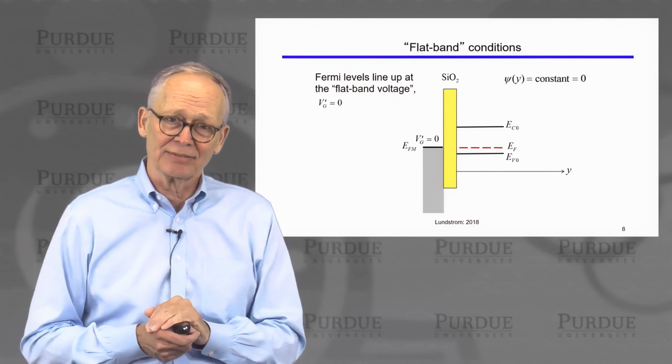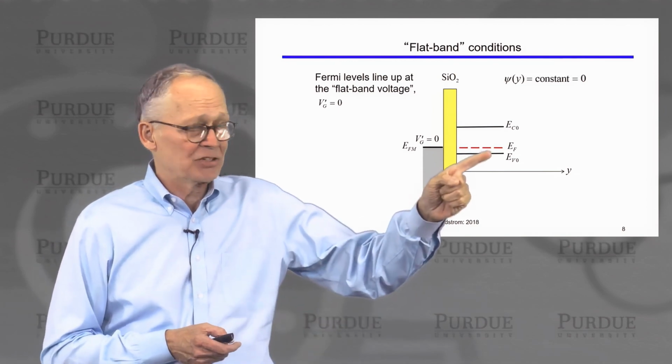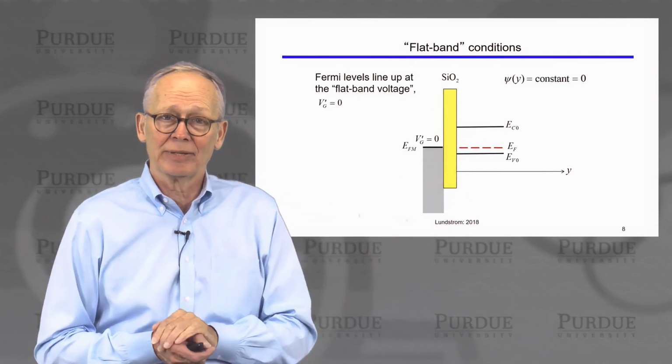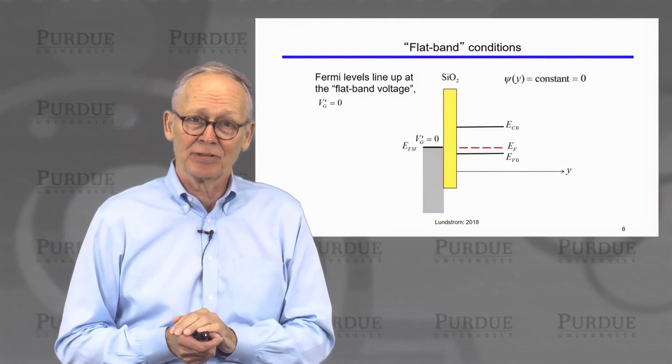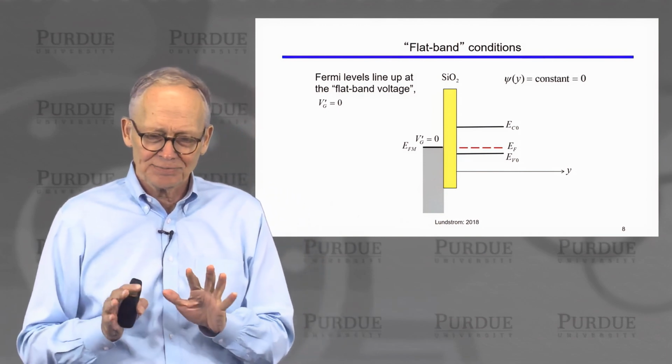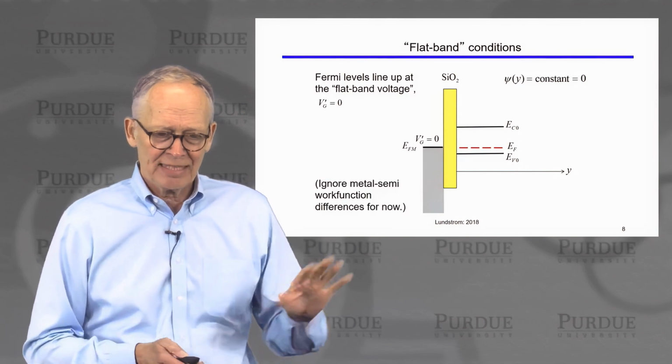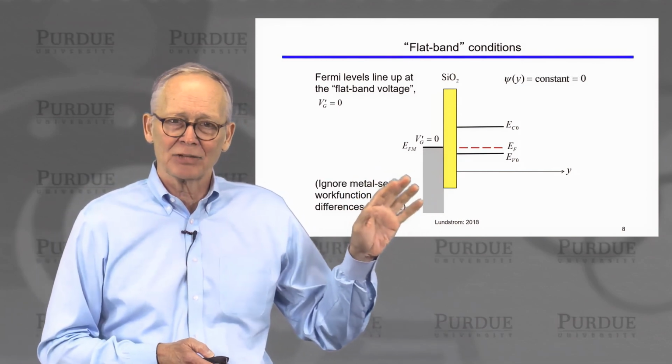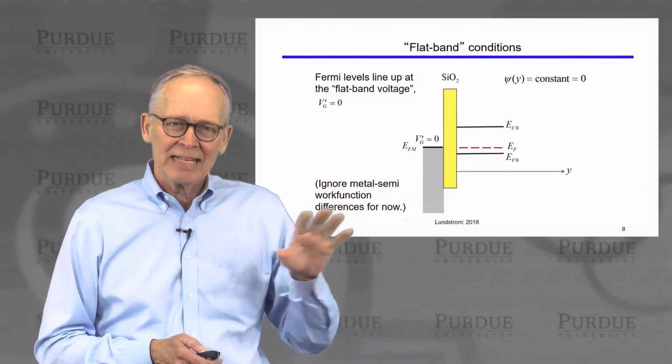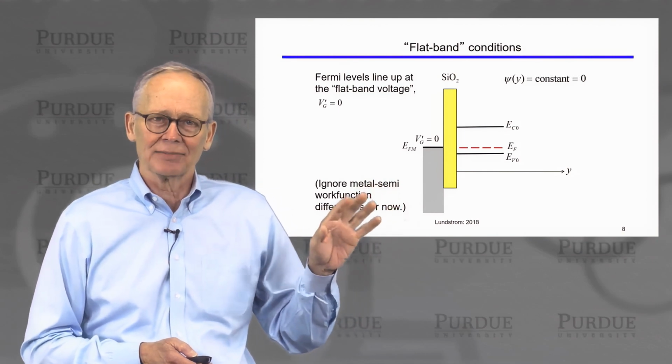Now, that's not very likely for that to happen. And we might change the doping in the semiconductor, and then we would have to hunt for another metal that had a Fermi level to line up. So we're going to have to account for that. That's something known as a metal semiconductor work function difference. And we'll have to come back and account for that later.